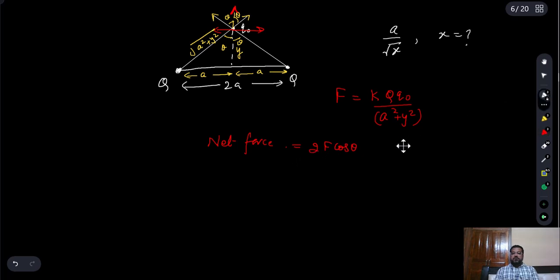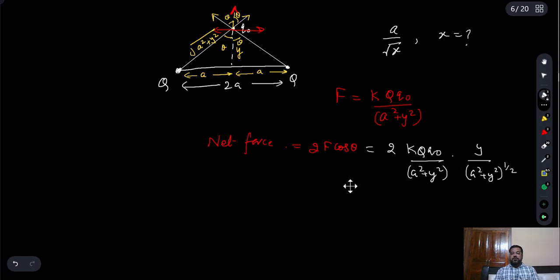Putting the respective values, 2 times K Q naught over a square plus y square, and cos theta is actually y over (a square plus y square) power 1 by 2.